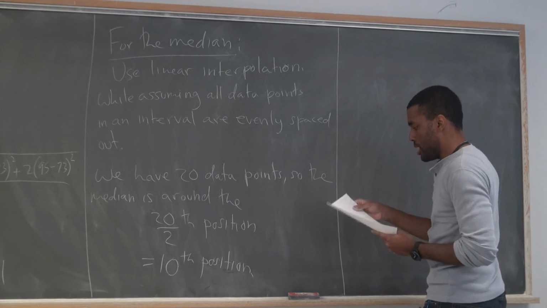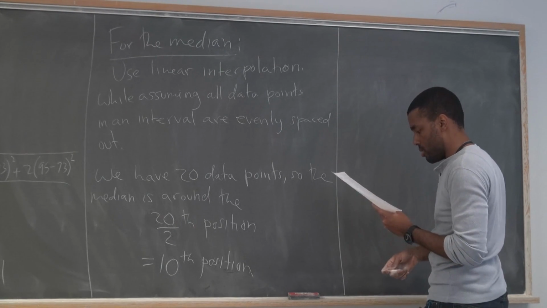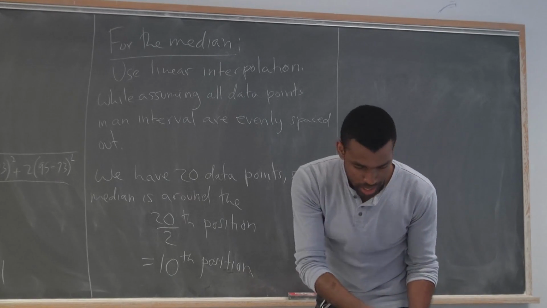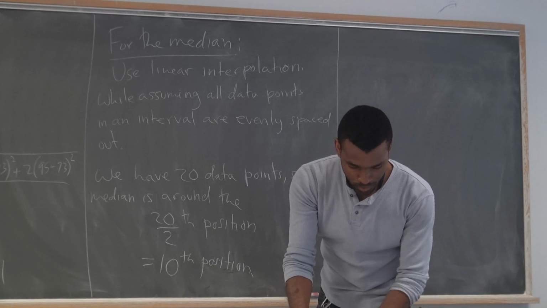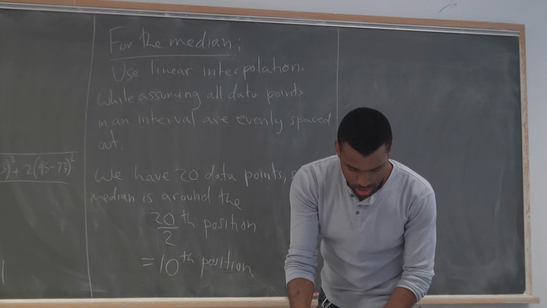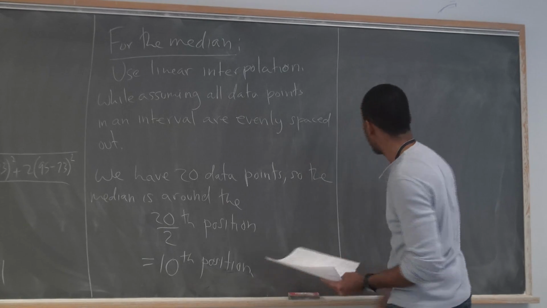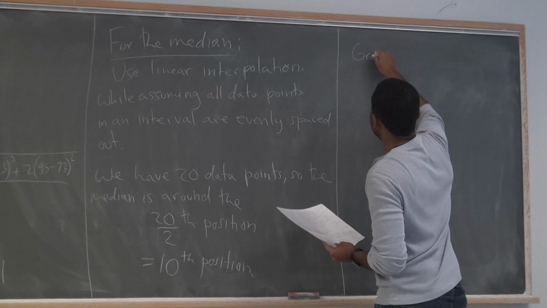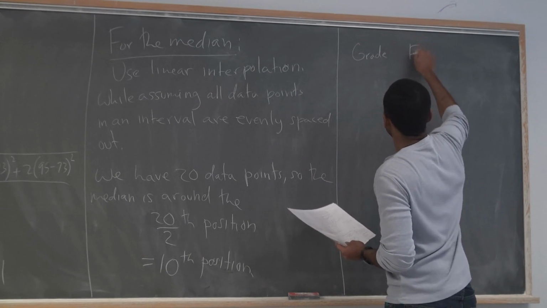Maybe I should redraw the table. It's going to be easier to explain if you actually see the table. I want to figure out the 10th number. So the table is grade, frequency.